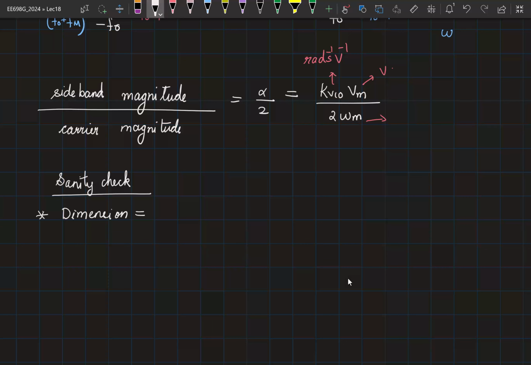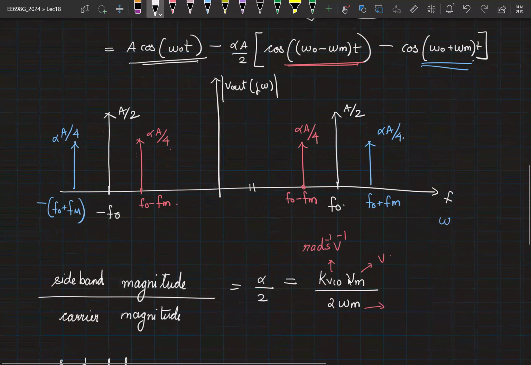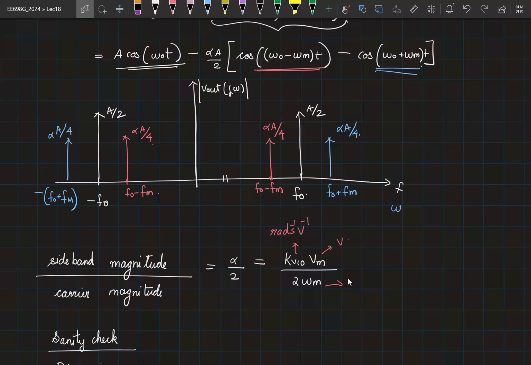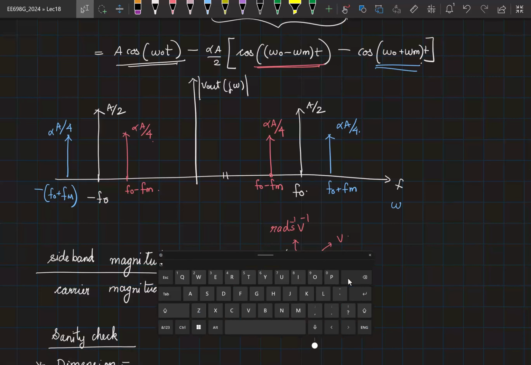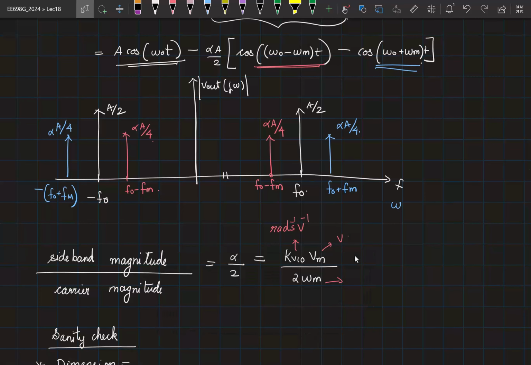Now, does it make sense intuitively? What happens if KVCO goes to 0? There is no sideband, which is what you get from here also. What happens if Vm goes to 0? Same thing, right?